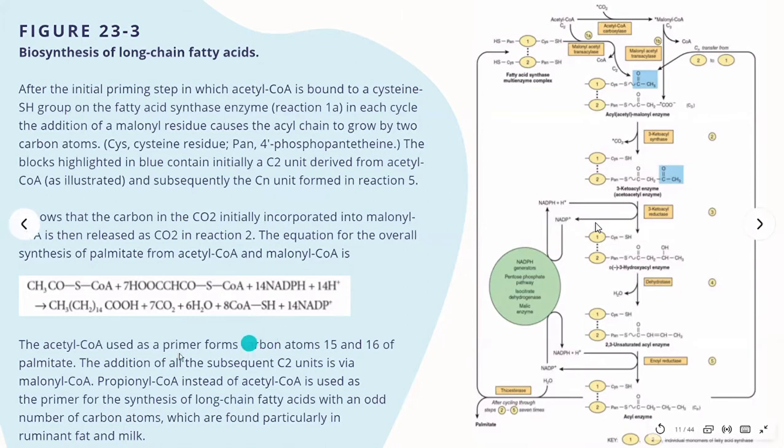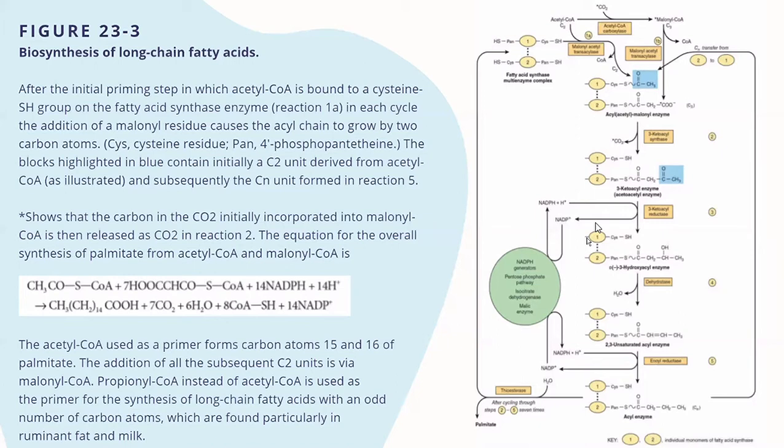Okay. The primer acetyl-CoA forms carbon 15 and 16 of your palmitic acid. Forms carbon 15 and 16. Because the last carbon that will be added here will have the carboxyl group, COOH. And we know in a fatty acid, the COOH is carbon 1.